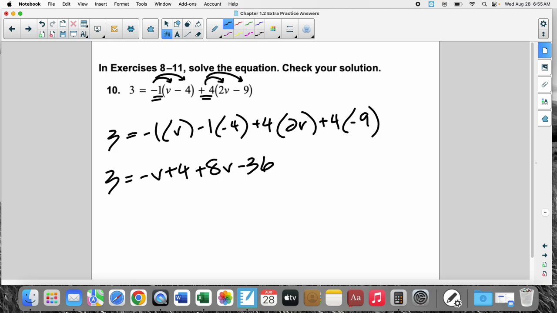Combine like terms, -v and 8v, positive 4, and negative 36. 3 equals 7v minus 32.